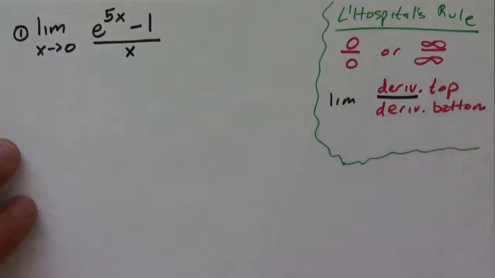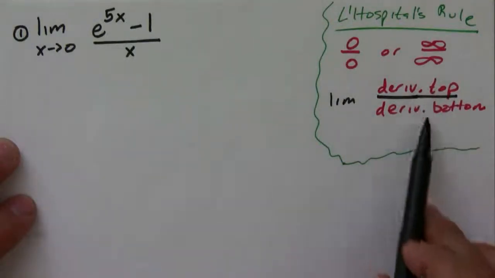Now this means not using the quotient rule, but simply getting the derivative of the top and the derivative of the bottom.